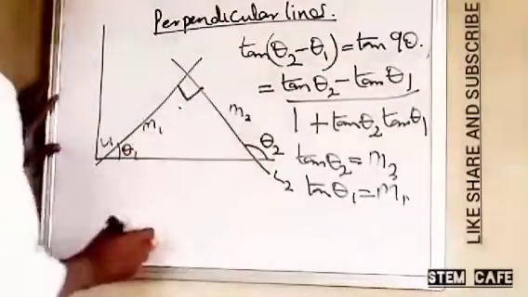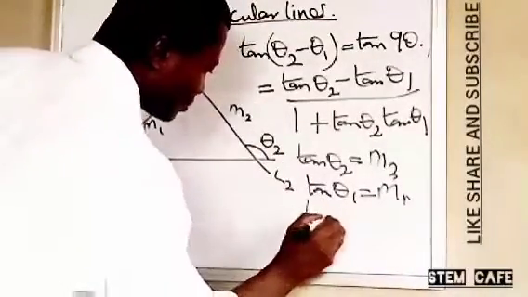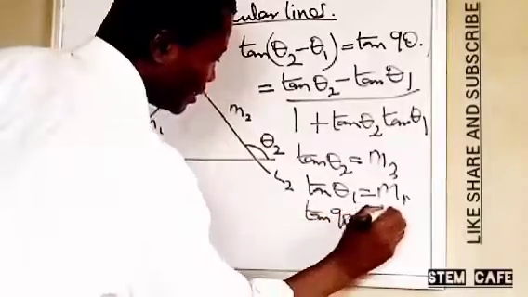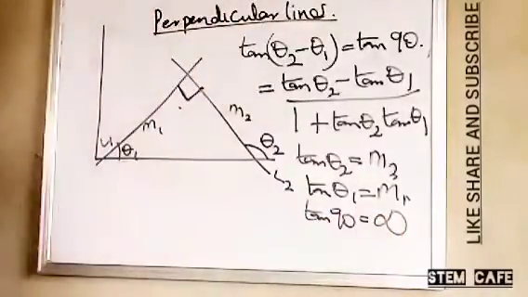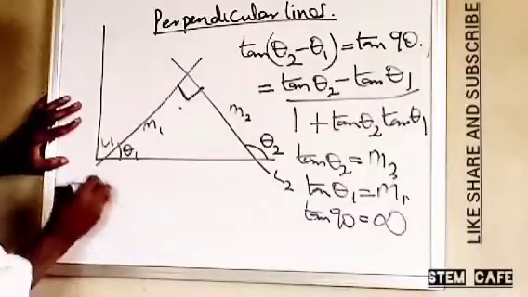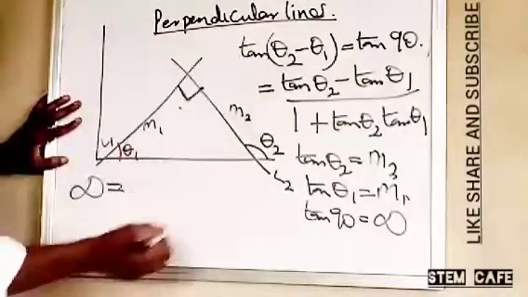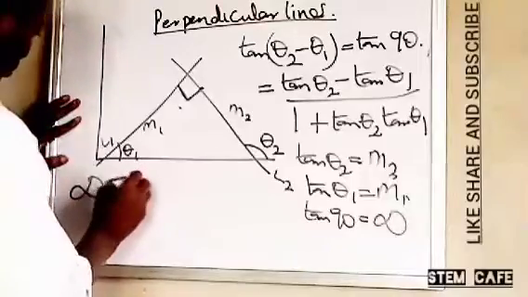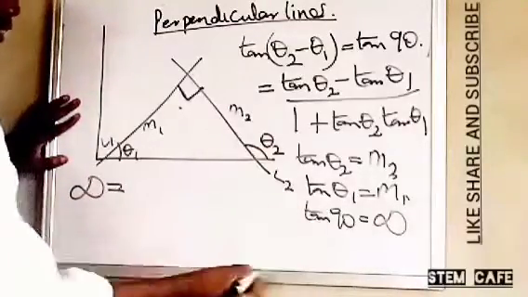And tan 90 is infinity. Now we know that infinity is equal to any number over 0.